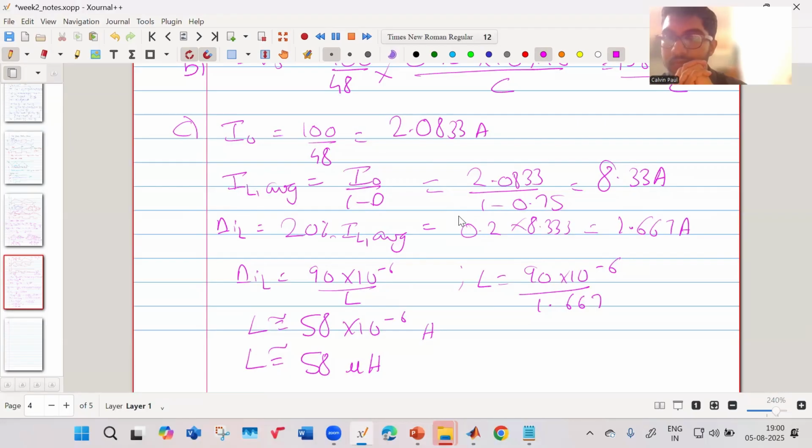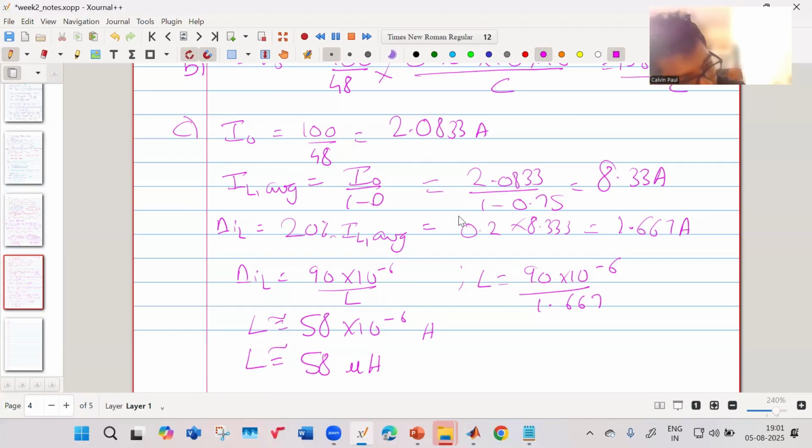Because your ripple current is dependent on your input and output voltages. That is one part. But you design it in such a way that it is like 20% or 30% or 40% of your rated inductor average current.